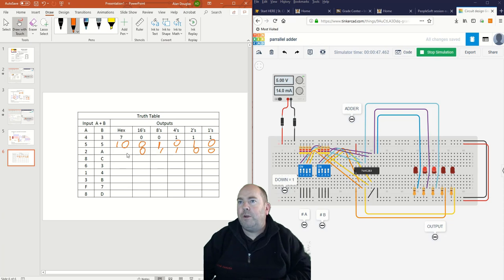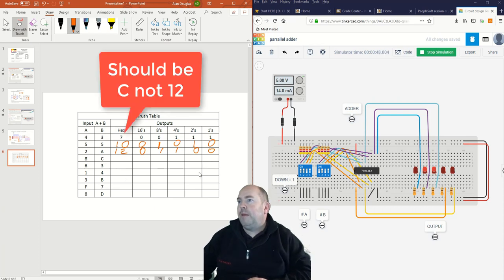That's 8 and 4 together. That gives us a 12. You can carry on verifying this truth table like that. But basically you should be able to flip your switches, plug in your 2 numbers here, get the proper result here, and basically you've created a little calculator that's capable of adding 2 numbers together.